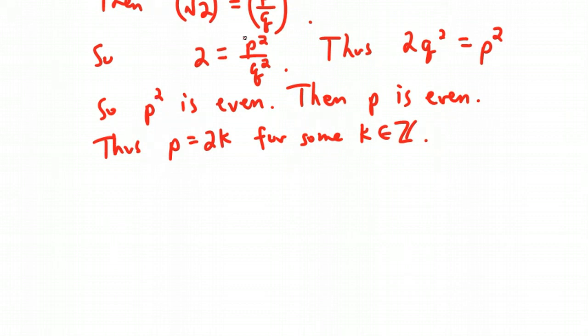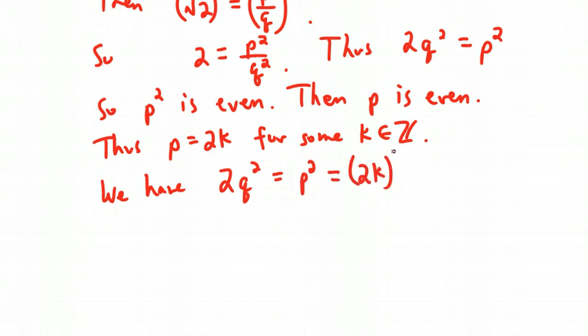Now let's go back up to our equation here, 2q squared equals p squared, and let's plug in 2k for p. So we have 2q squared is equal to p squared. But p, remember, is 2k, and so what we have is 4k squared.